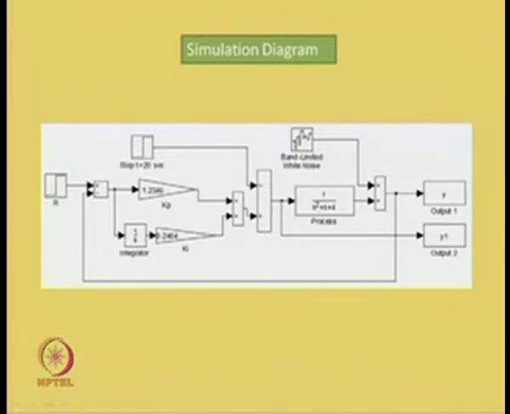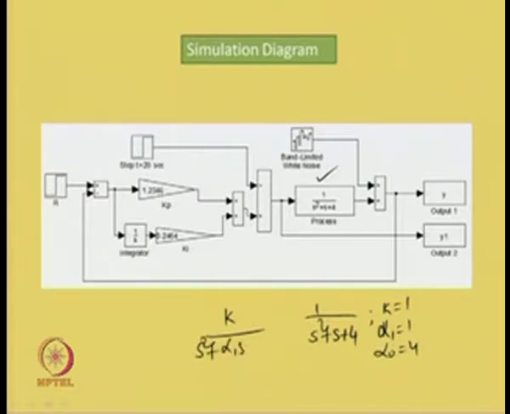Now, the process dynamics is shown over here, which is given as 1 upon s squared plus s plus 4. This is obtained when we assume the specified values k equal to 1, alpha 1 equal to 1 and alpha 0 equal to 4, because the standard form of the all pole second order transfer function is k upon s squared plus alpha 1 s plus alpha 0.